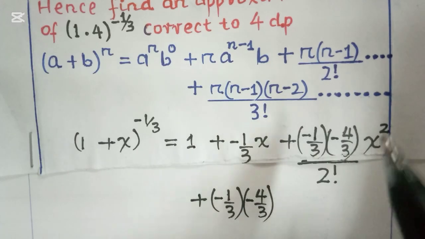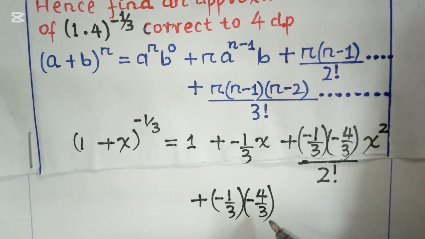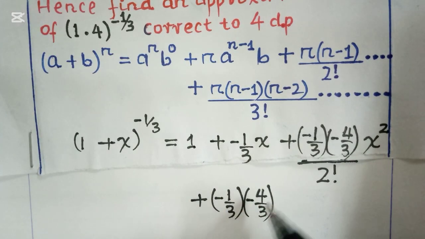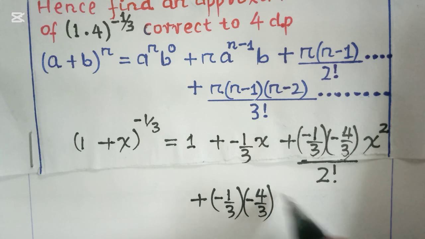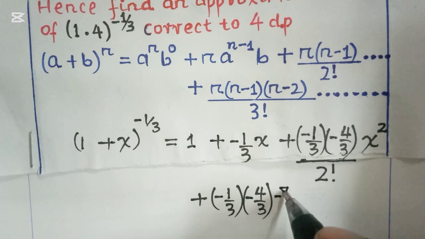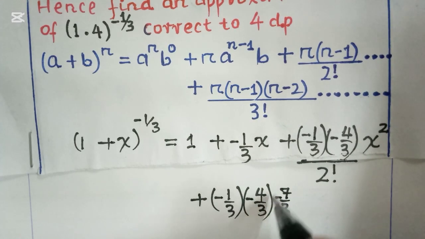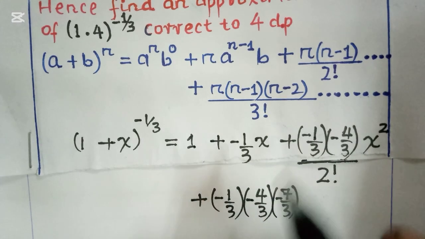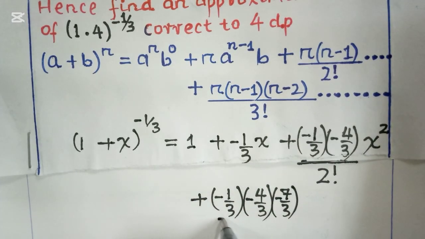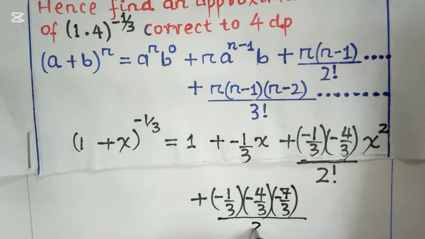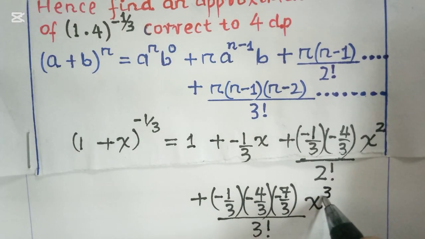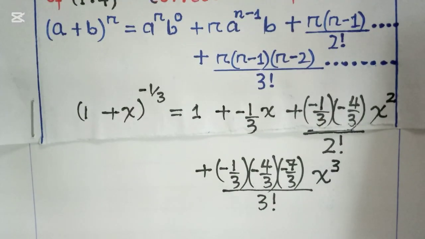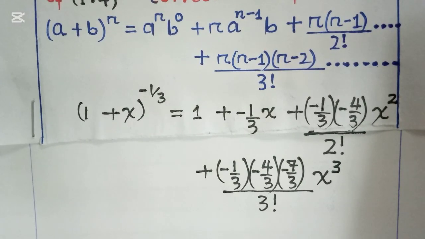And then n minus 2, negative 4 over 3 minus 1 is the same as negative 4 over 3 minus 3 over 3, which is now negative 7 over 3, like that. This is all over 3 factorial, and then we have x raised to 3.